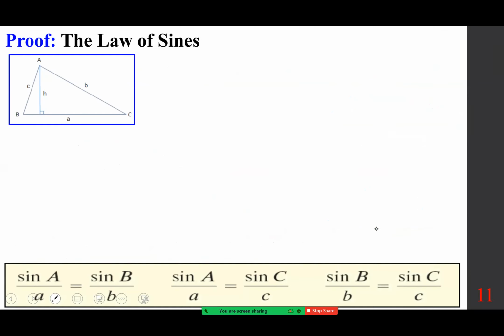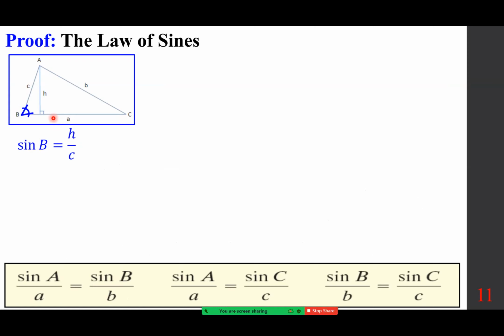So first, let's look at the proof of the sine law, also known as the law of sines. So in this triangle, we drop a perpendicular and we are looking at this angle, B, and we notice sine B is the opposite, which is H, over the hypotenuse, which is C. Remember, this is 90 degrees.